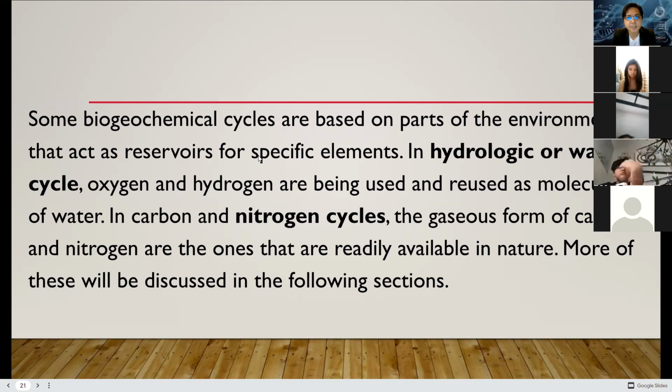Okay, the mother cycle, the master cycle of all the cycles. Let's take a look later at why the water cycle is considered the master cycle or the mother cycle. In carbon and nitrogen cycles, the gaseous forms of carbon and nitrogen are the ones that are readily available in nature. Okay? More of these will be discussed in the following sections later.